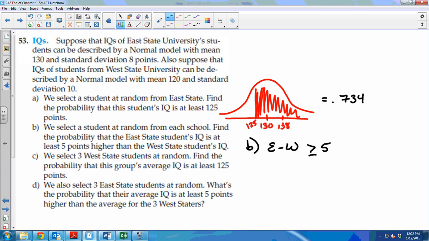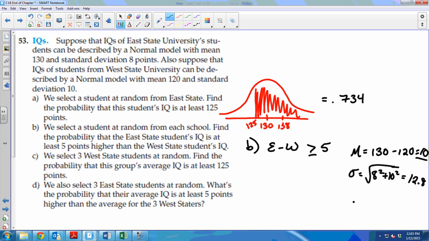So, what is the mean going to be? That's not hard. 10. 130 minus 120. Right? That's not a problem. Right. And then for standard deviation, you don't subtract them anyway. You always add, and you have to add variances. 8 squared plus 10 squared, which is 12.8.